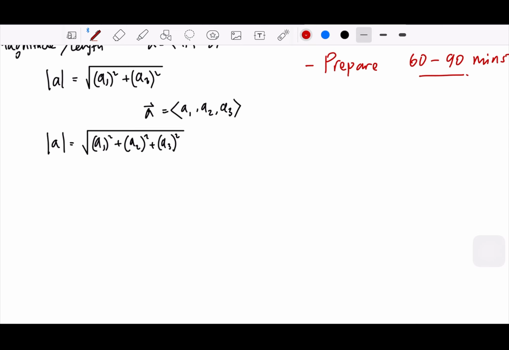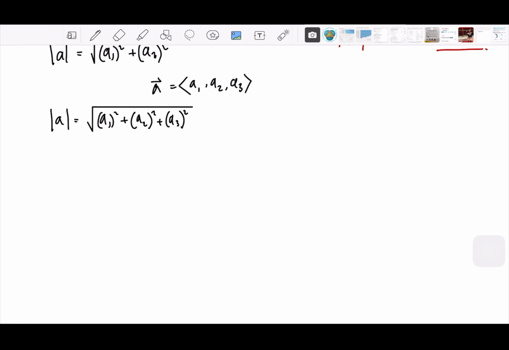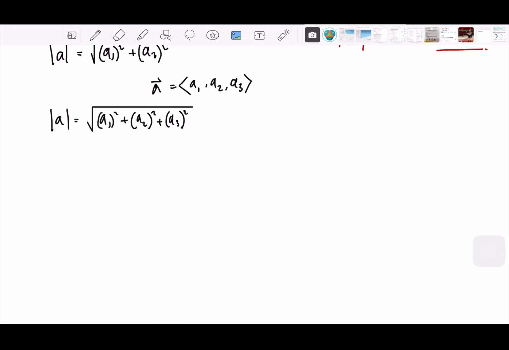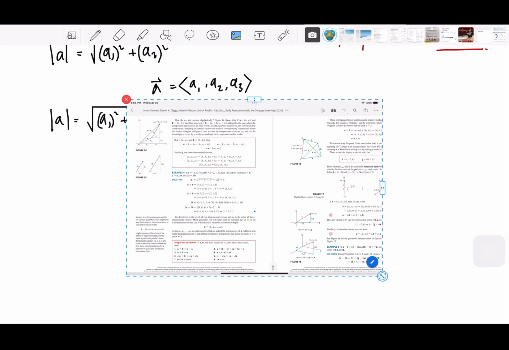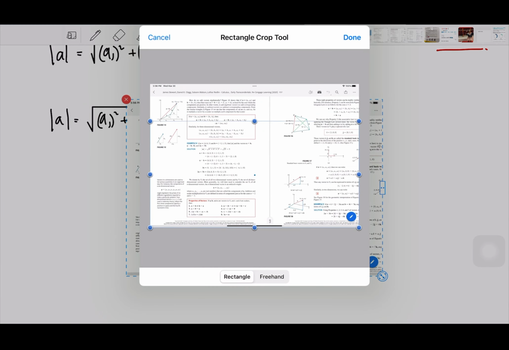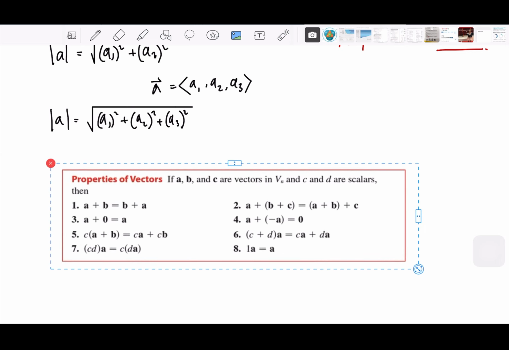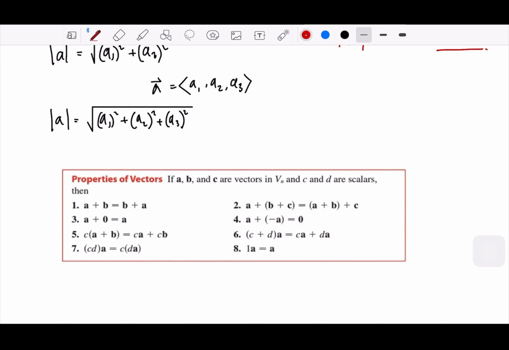Let me just take some. Let me write here if there is a picture. Maybe this one, no. This one, okay, I think this one. And let me just give you some review on vector properties.